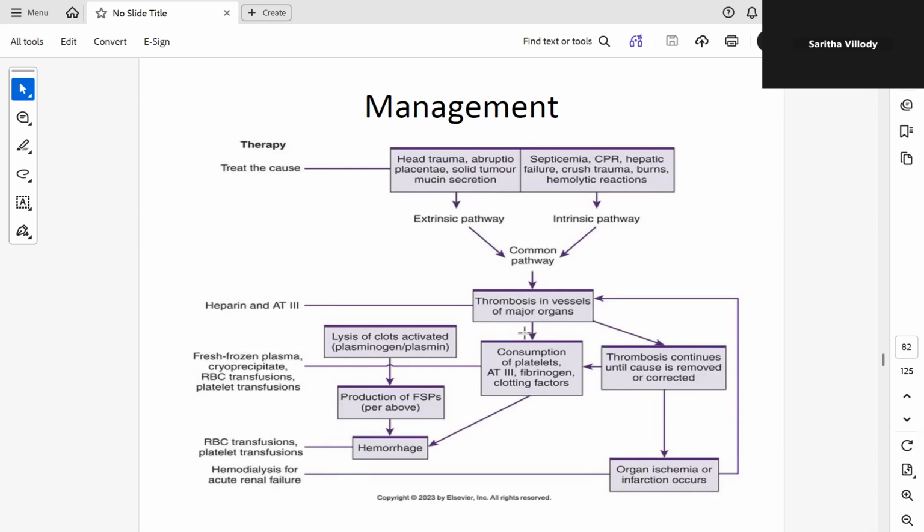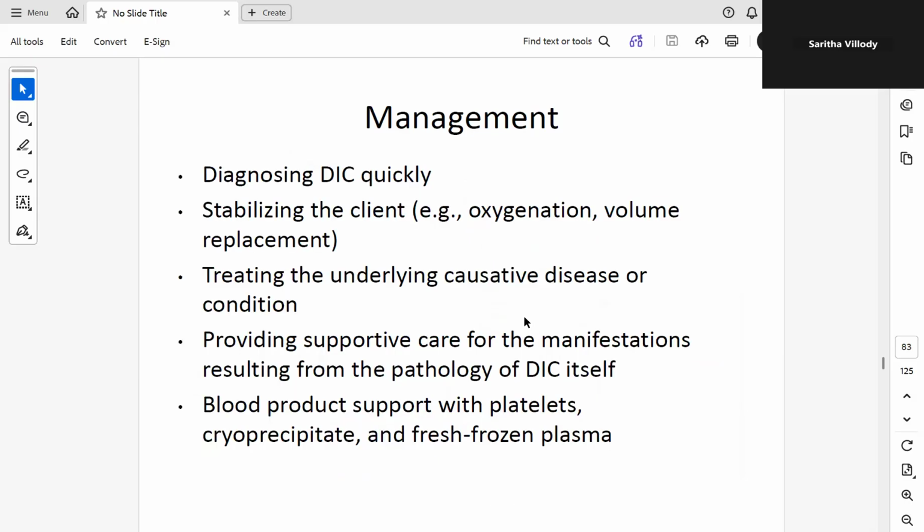Management depends on treating the underlying cause because we cannot fix this problem unless we fix the underlying cause. So basically, diagnosing it quickly and stabilizing the patient, oxygenation and volume replacement, treating the underlying cause, and then supportive management with platelets and cryoprecipitate. So platelets replace platelets. Cryoprecipitate is the replacement of fibrinogen.